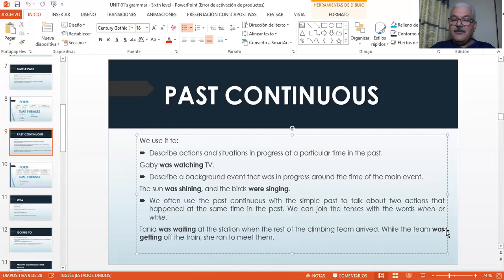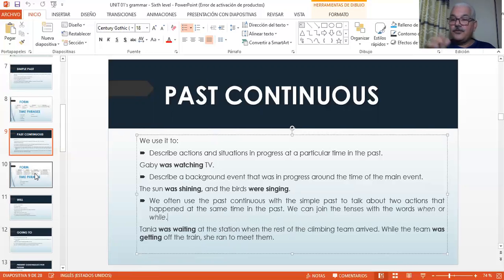Then the team was getting off the train. It was also a process that took a period of time. But when that happened, she ran. She ran to meet them. That's why, in this case, we use the past, and in the rest, we use the past continuous.